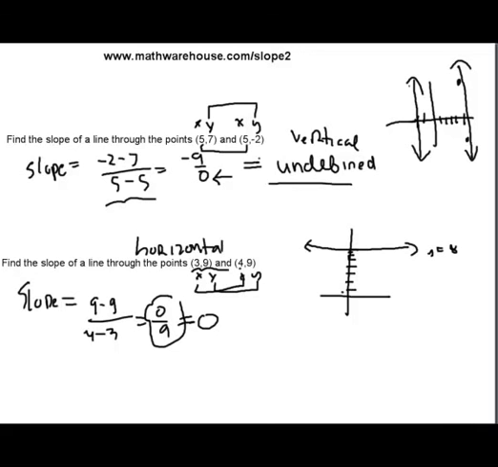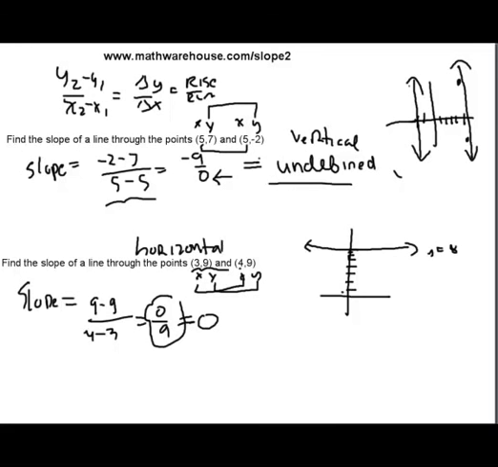But as you can see, up on the vertical line, it was the x value that never changed. Slope is y2 minus y1 over x2 minus x1. Some people like to write that as delta y over delta x, change in y over change in x, or the rise over run, whatever you prefer.